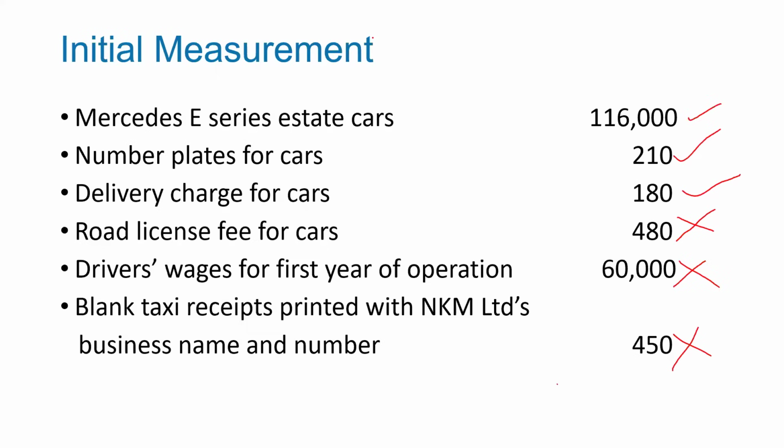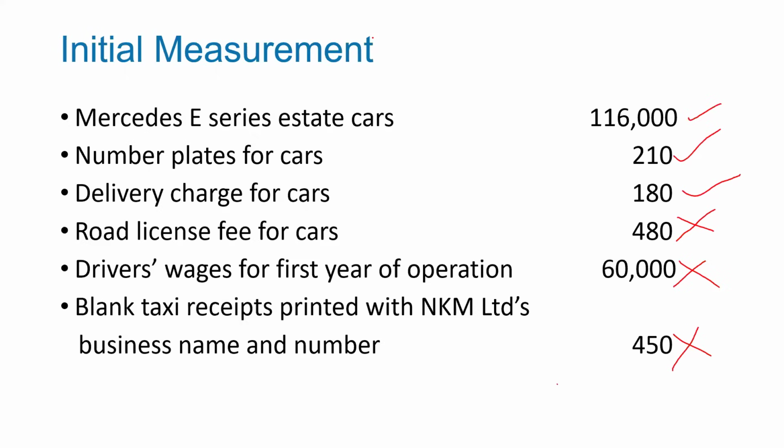Madam, please, the road license. You have a question? But see, the road license fee, by the time you even go for this, you are done with the car, you are done with the cost of the car, the value of the car. Until you go for that one, you can't drive the car on the road. It's a revenue expenditure.